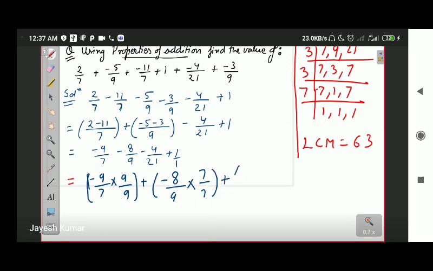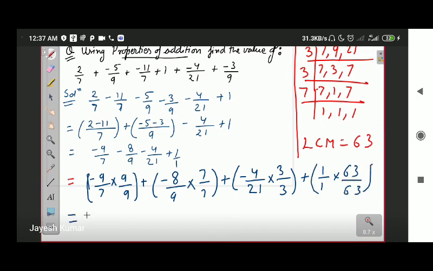Plus minus 4 upon 21: what should we multiply with 21 to get 63? That is 3. And lastly 1 upon 1: it should be multiplied by 63 in order to get 63.